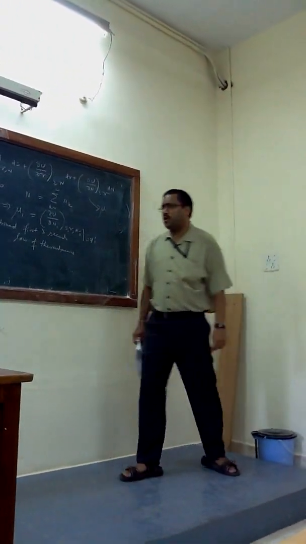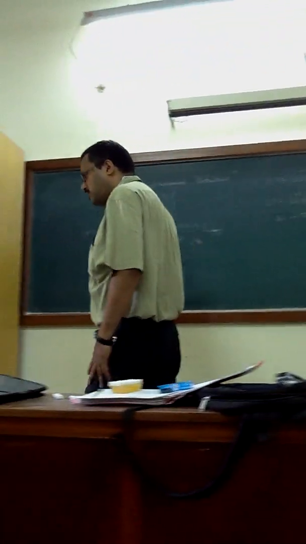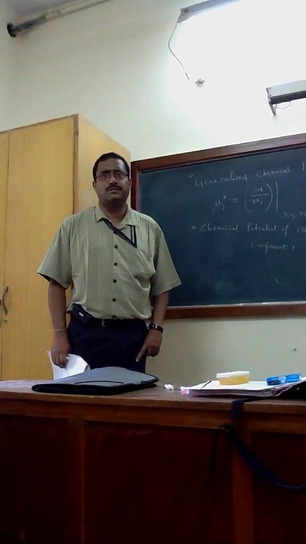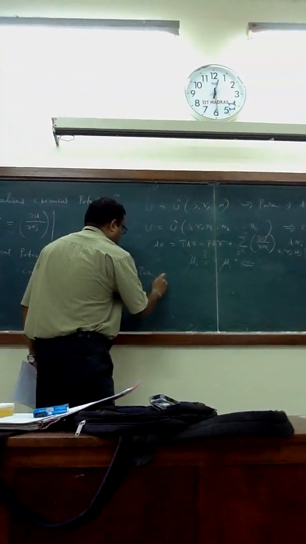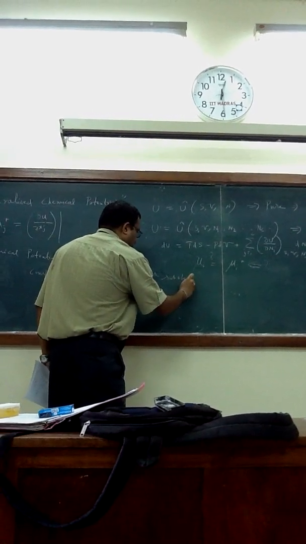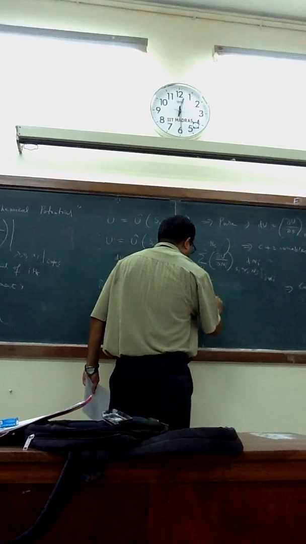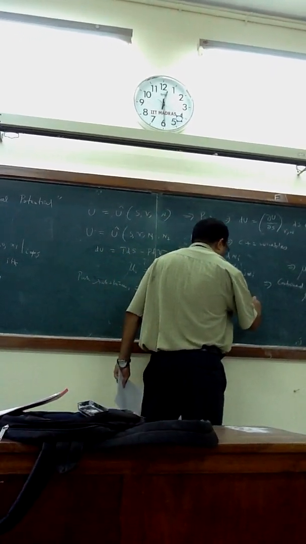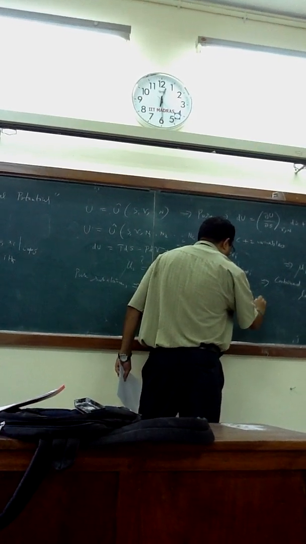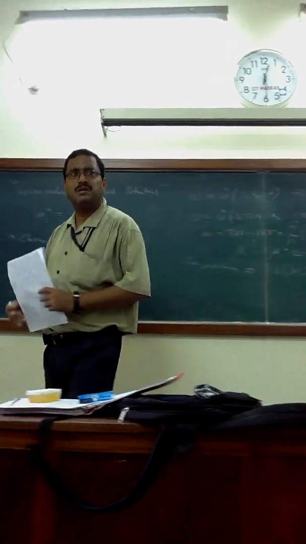After that, we talked about homogeneous functions, right? We talked about homogeneous functions of the first order, second order, and so on. And in a pure substance, what we put? U of lambda S, lambda V, lambda N equals lambda U of S, V, N. What will happen here?